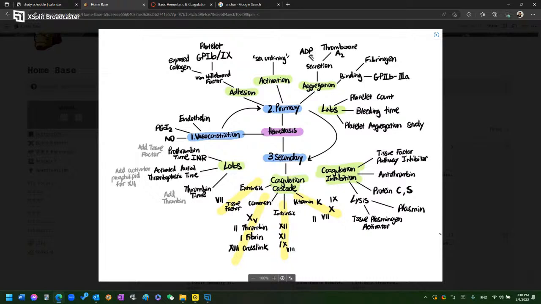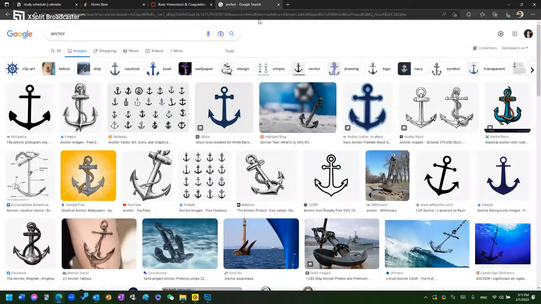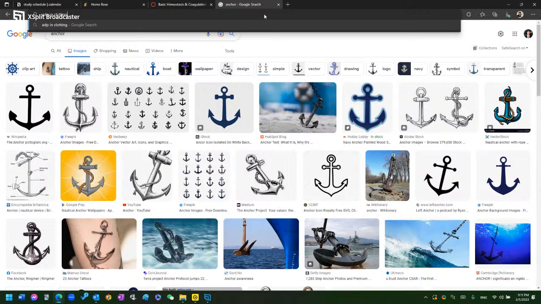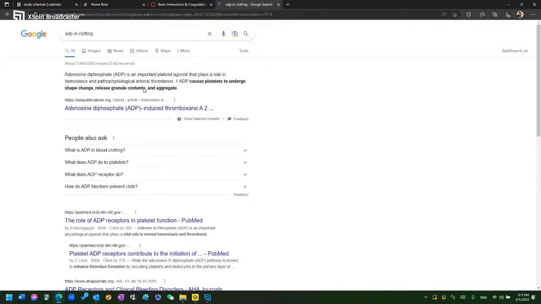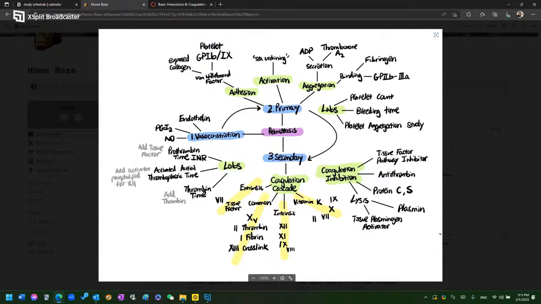Secretion, so ADP, thromboxane A2, these are from the delta granule being released out here. And so thromboxane is a prostaglandin that helps clotting. ADP is also important here as well, which is just a pro-clotting factor for platelets.